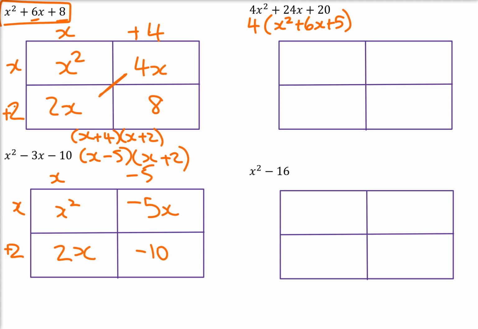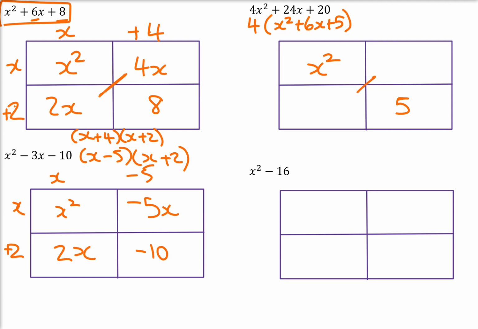Now look at my bracket. Can my bracket be factorized? Yeah, because it's a quadratic equation. At the moment, for you guys, it's quadratics, it will factorize. So there's my x squared here, that's where my 5 goes.